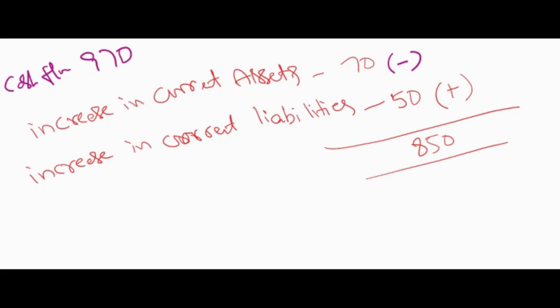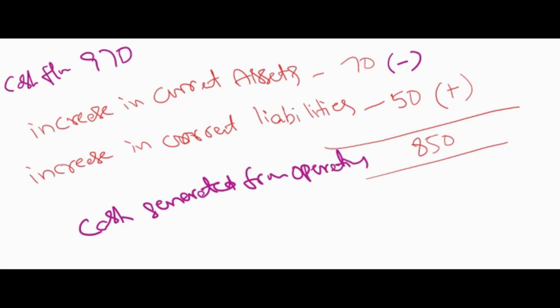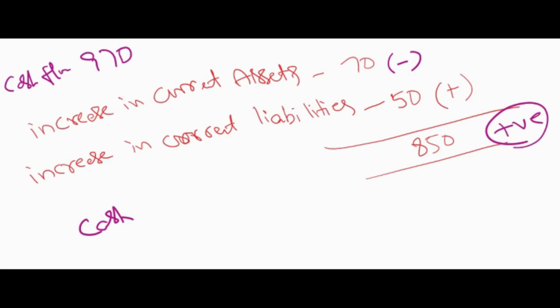So what is this called? Cash generated from operations. Since this is a positive value, we are saying cash generated from operations.